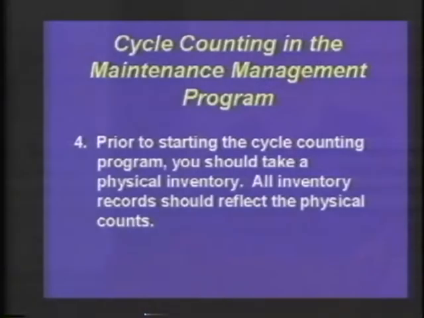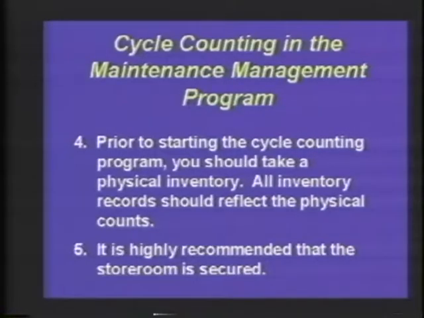Continuing on page 17A, step 4 indicates that prior to starting the cycle count program, you should first take a physical inventory and have all inventory records updated. And then step 5 is extremely important, that storeroom better be secure. If it's not secure, don't start cycle counting.